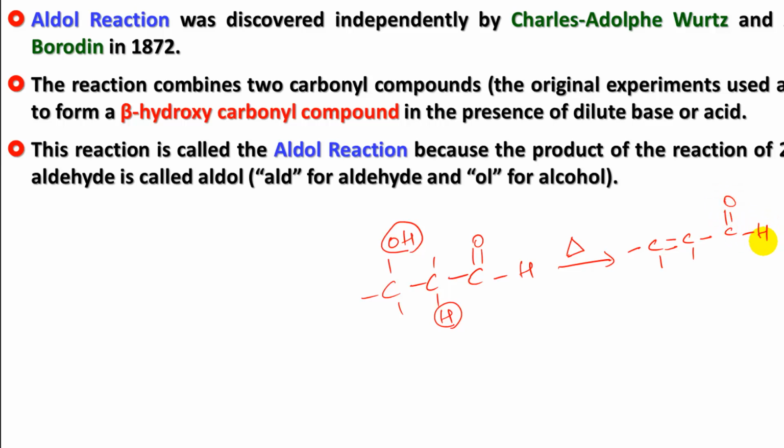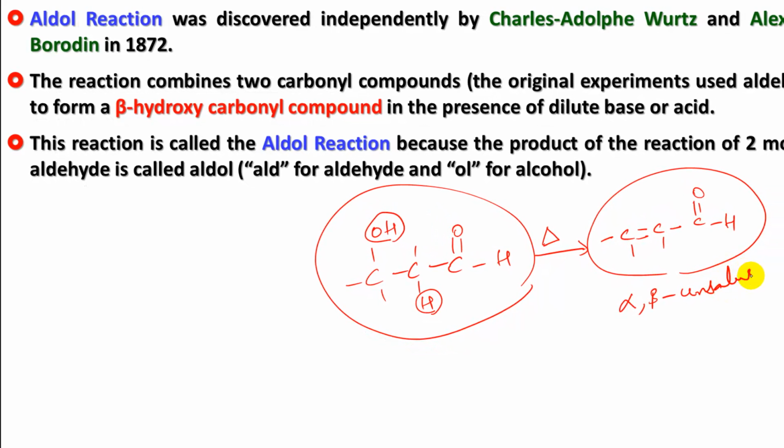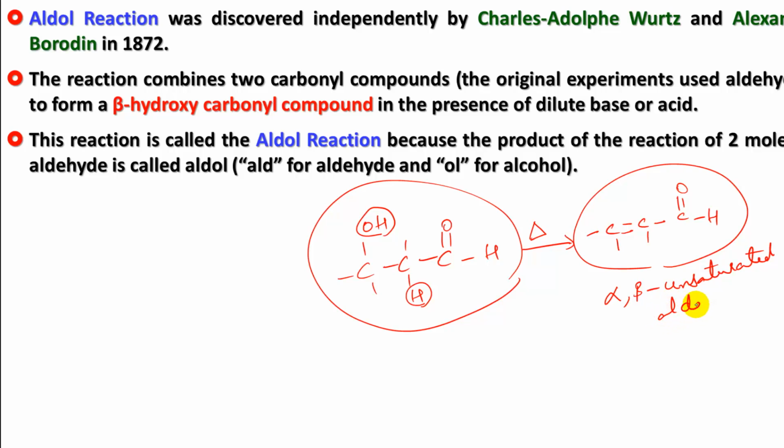So apart from getting the aldol, which is this product, this can be heated to yield an alpha beta unsaturated aldehyde. So this can also be produced in this reaction.